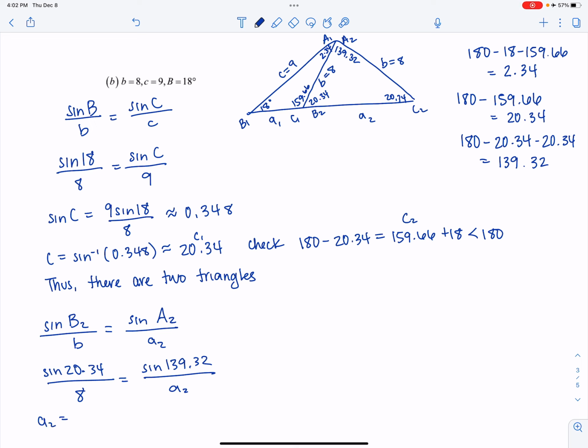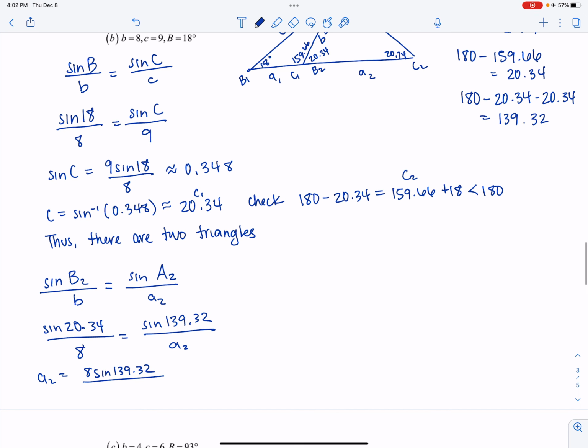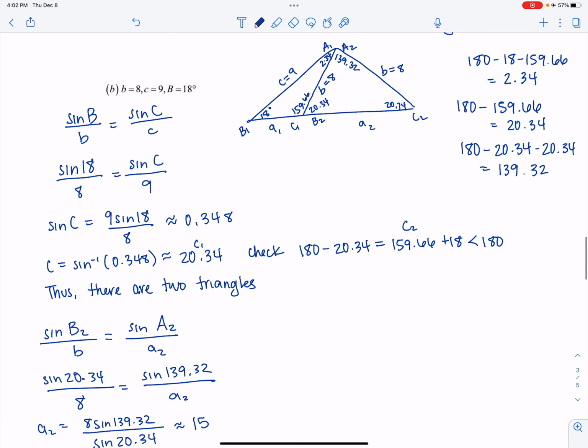A2 will have 8 sine of 139.32 over sine of 20.34. In our calculator, that should give us about 15.00. So this one is 15.